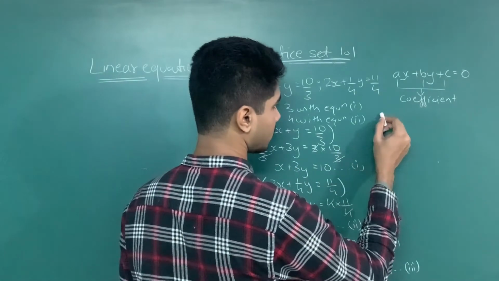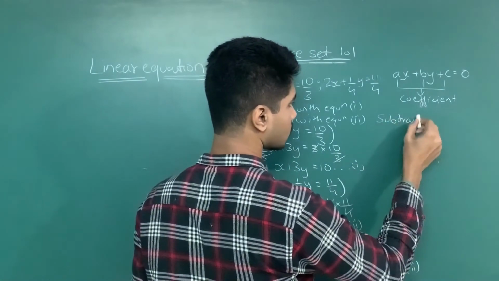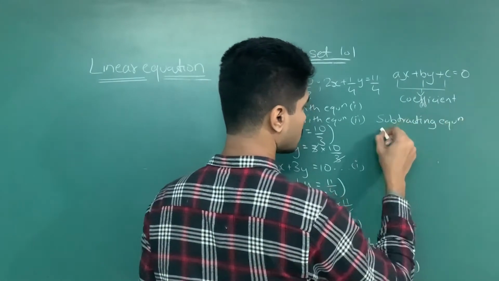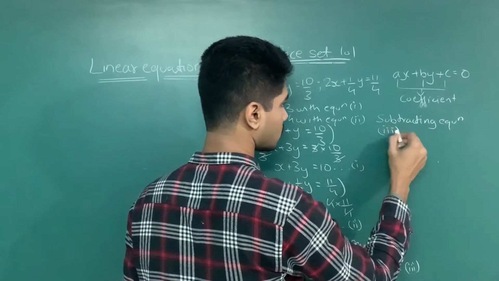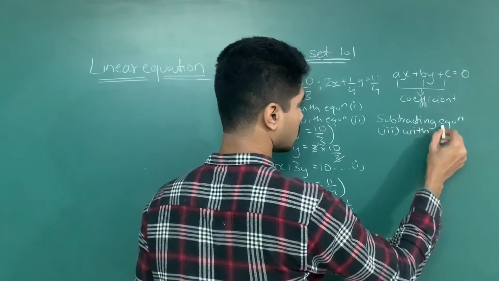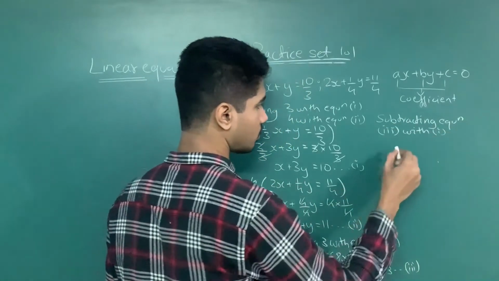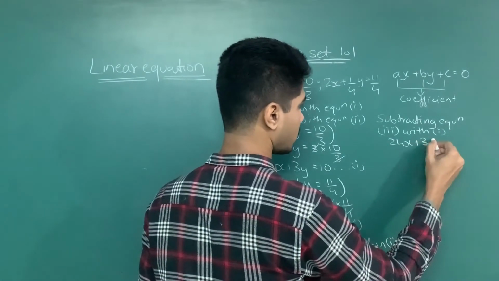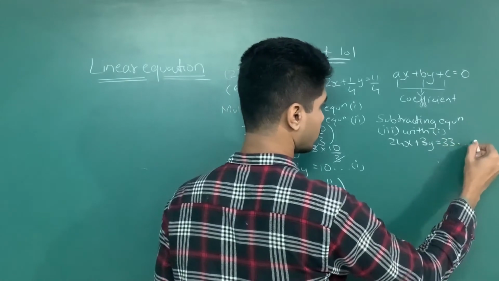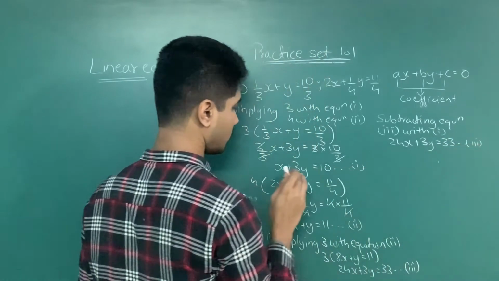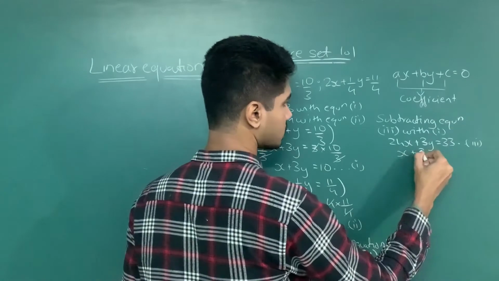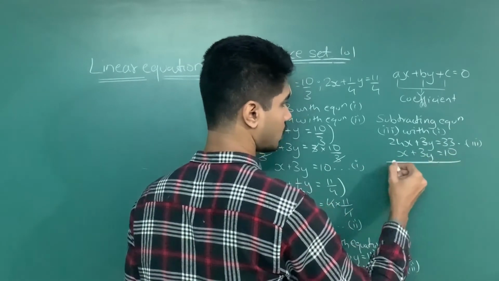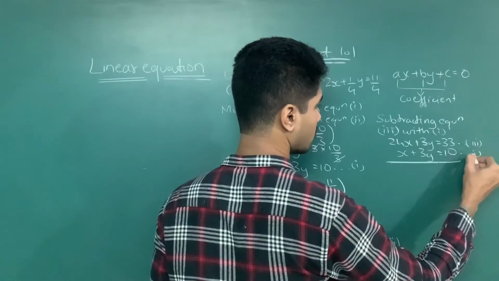So subtracting equation 3 with 1. So 24x plus 3y is equal to 33, that is your equation number 3. Then x plus 3y is equal to 10, which is equation number 1.